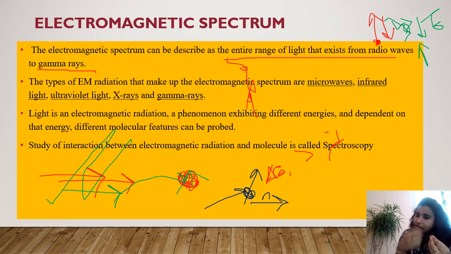And these changes are calculated to study the sample. These are basically the changes it will show: absorption, emission, scattering, ionization, right? On the basis of these changes, we will be dividing the spectroscopic techniques according to the changes shown by the sample. So let's move to the next slide.